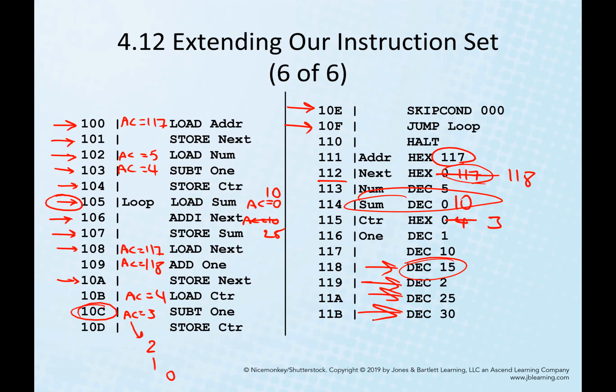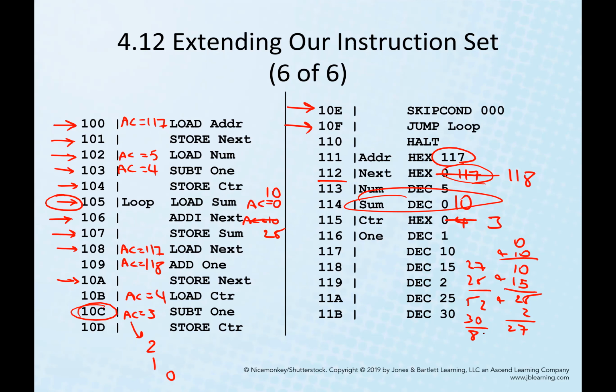So the sum at the beginning was 0, then 0 plus 10 becomes 10, then 10 plus 15 becomes 25, 25 plus 2 is 27, then 27 plus 25 is 52, and finally 52 plus 30 is 82. Okay, is it clear? So I repeated 5 times.